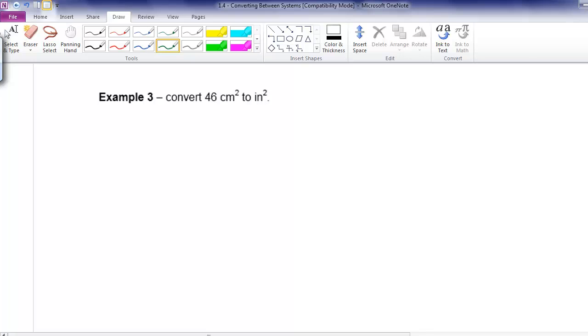Well, let's go to example 3. Example 3 is a bit different. Notice in our conversions, we have linear conversions, centimeters to inches, centimeters to millimeters. Here is an example of something we do not have an exact conversion from. So notice the measurements, square centimeters and square inches. On our sheet, we have no exact conversion.